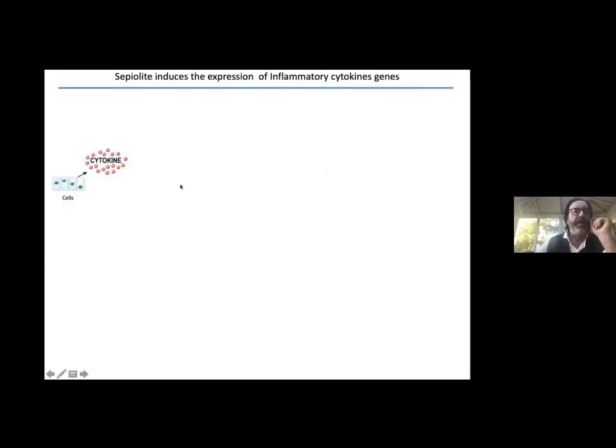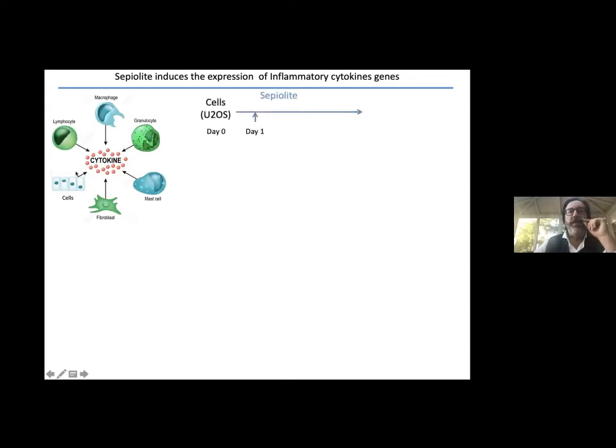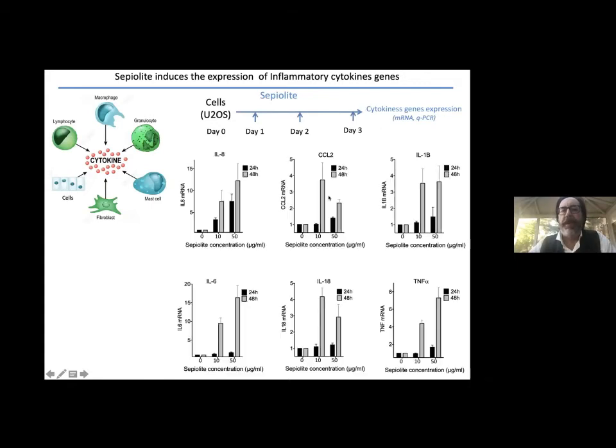But the cells are able to detect the sepiolite because they produce ROS. Generally, cells also produce cytokines, and the cytokines will recruit cells from the immune system. So the question is, are the cells able to produce cytokines when we put sepiolite on them? We measured the expression of genes coding for different canonical cytokines after the presence of sepiolite.